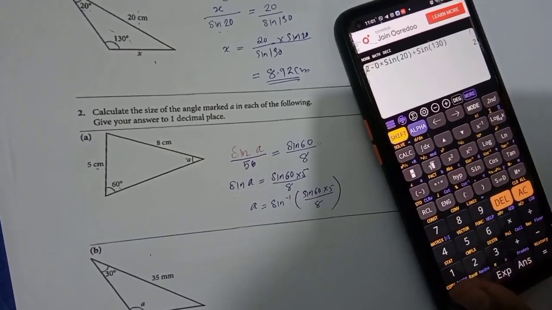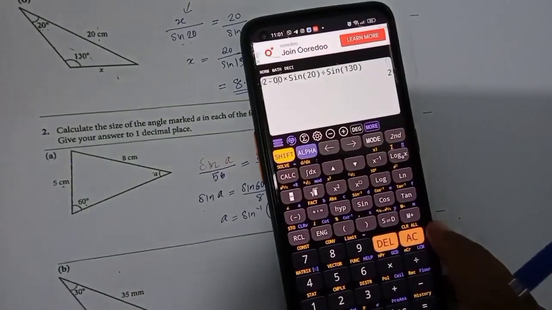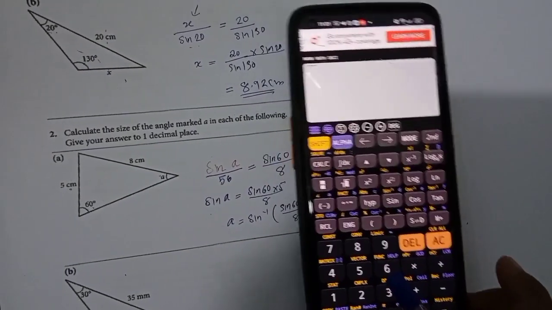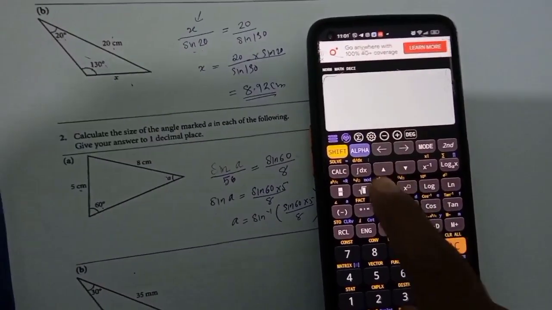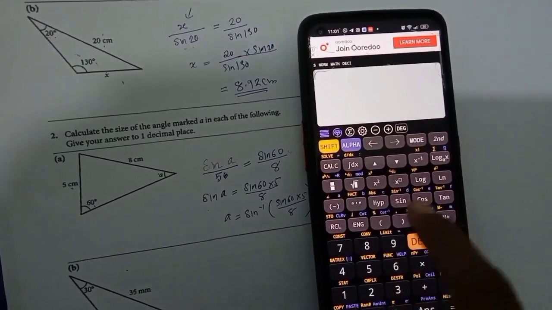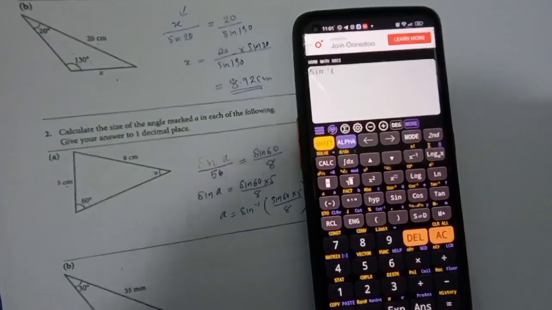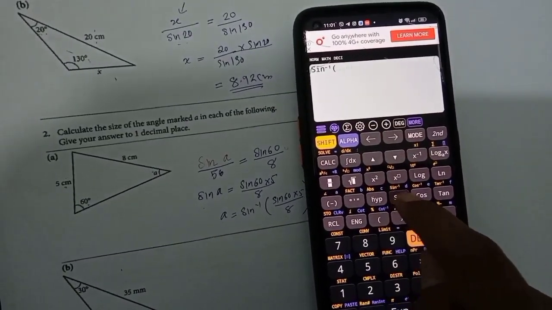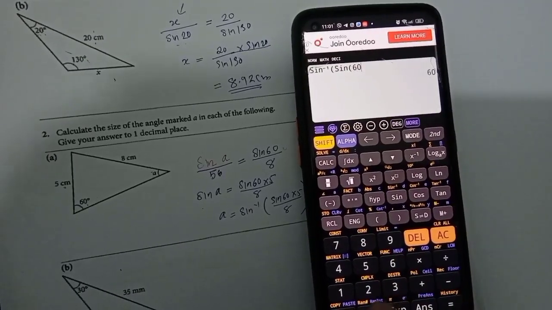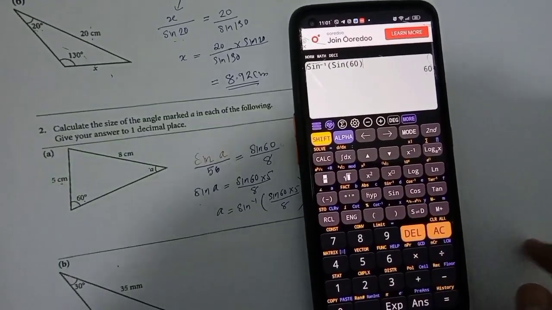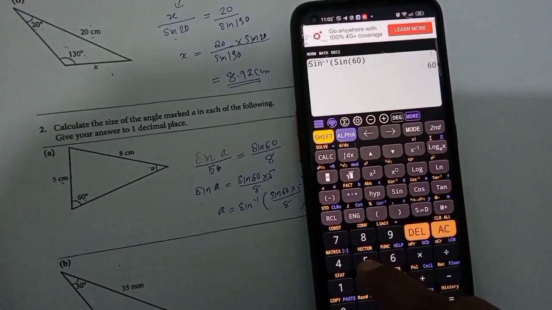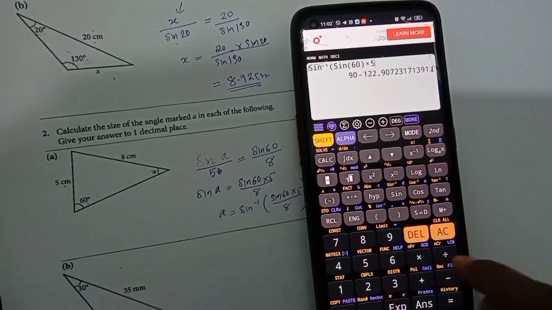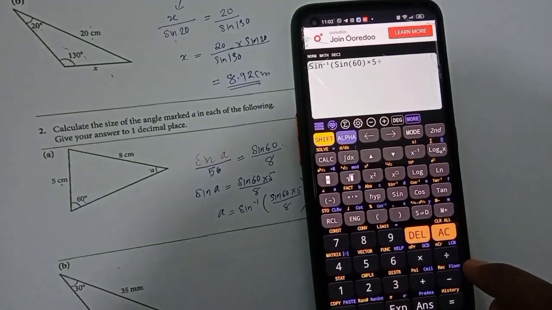How can we calculate that using a calculator? We need sine inverse, so press the shift key and then sine. You can see the sine inverse. Next sine 60, times 5, divided by 8.